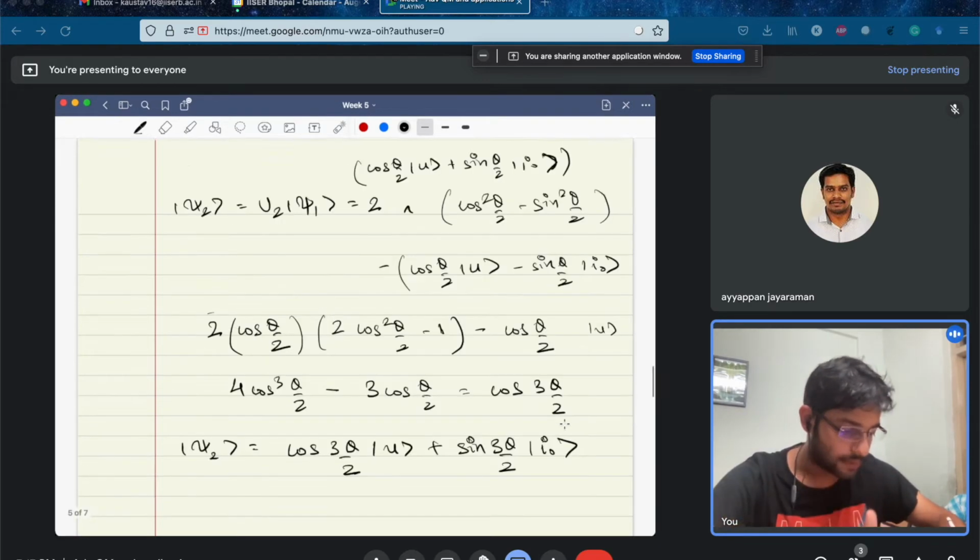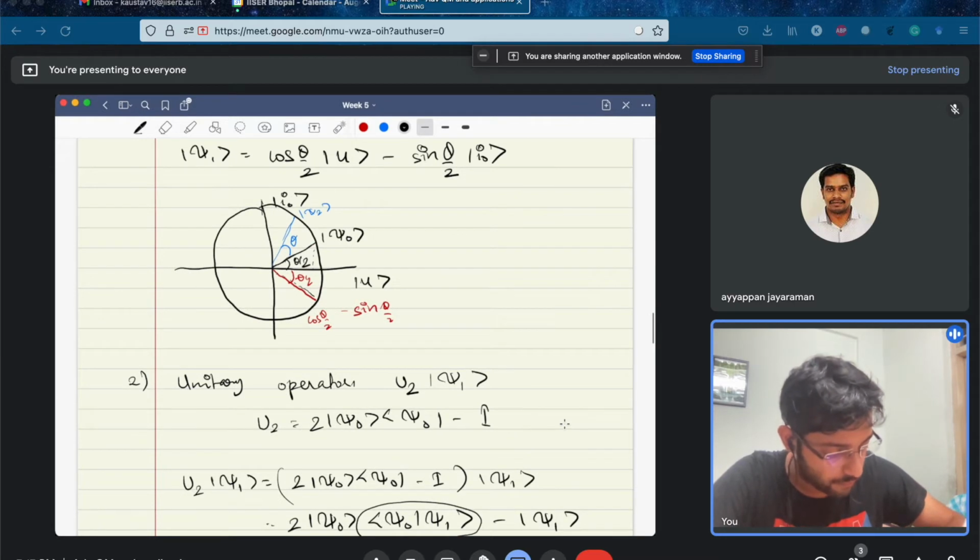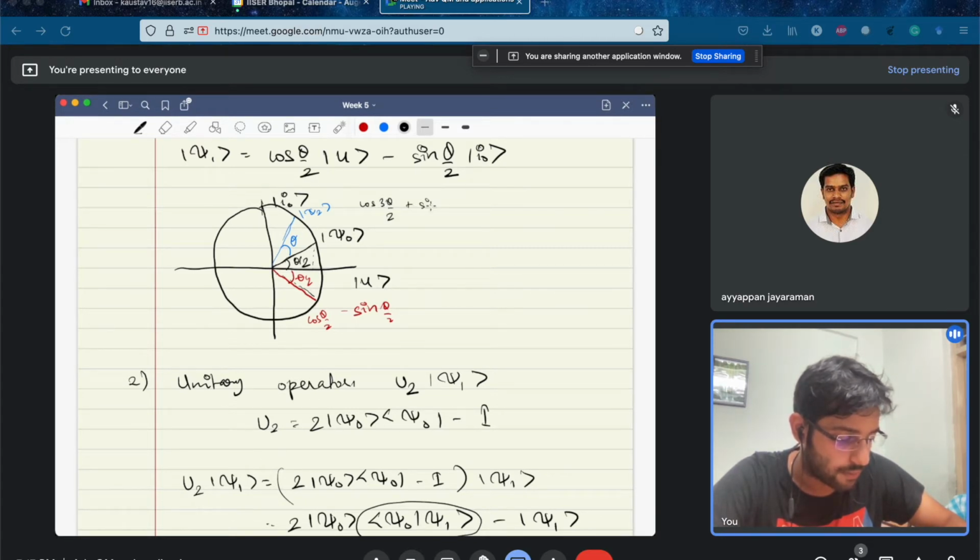Okay, and this is nothing but what we have estimated before. So if you add theta plus theta by 2, this gives you nothing but cos 3 theta by 2 on the u, plus sine 3 theta by 2 on the I naught.